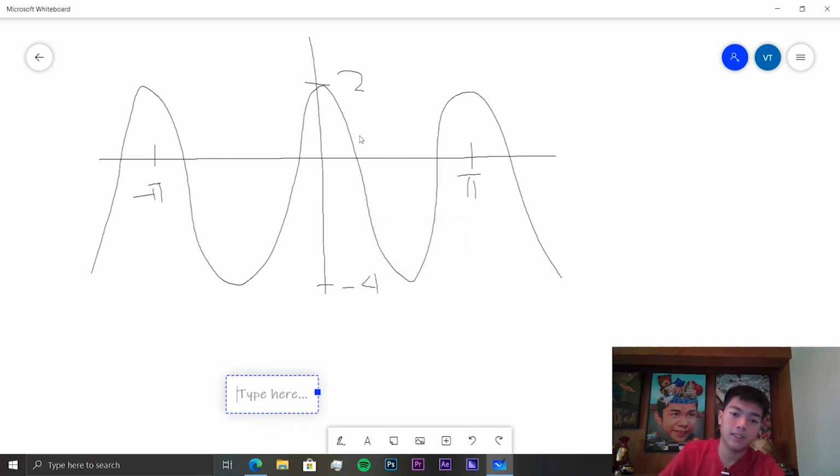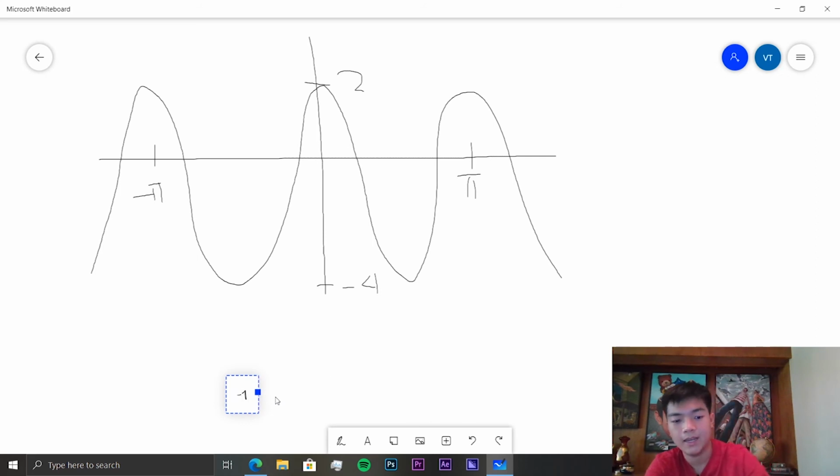So we need to know the vertical shift will be -1, and we can model this as a cosine graph. The amplitude is 2 minus -4, which is 6, so the amplitude is like 3 cosine x.